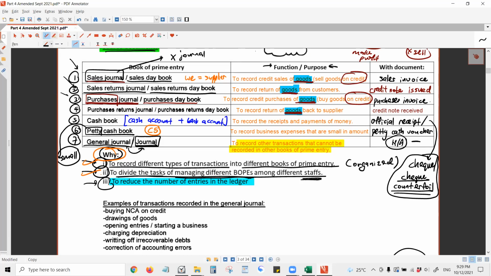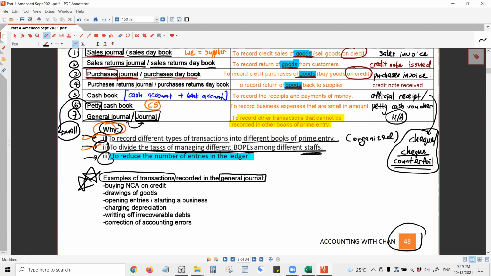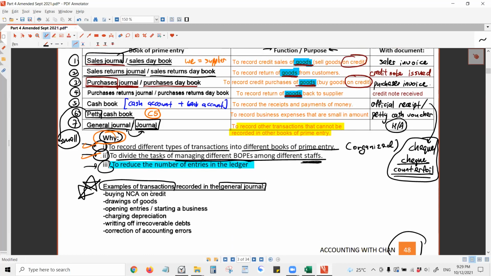I give you an example. Not just one example. You see at the bottom here, this one. Examples of transactions recorded in the general journal. It's a very popular question in the exam where they ask you what can be recorded into the general journal. So remember a few.